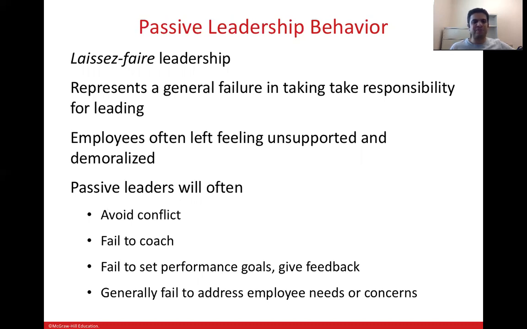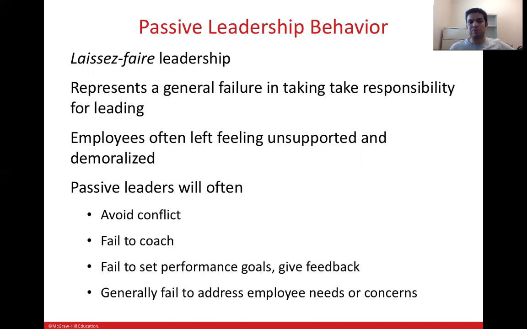A passive leader fails to coach. He or she does not provide advice to others on how they can do well. And this is something one of the department heads previously did really well. She coached several people into doing better research, and she would sit down with them.